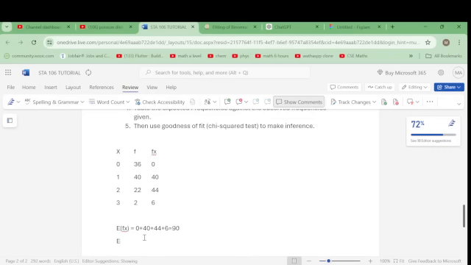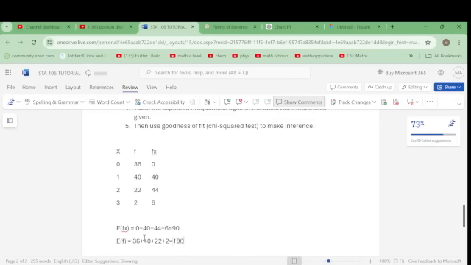Then the sum of all f equals what? 36 plus 40 plus 22 plus 2, which equals what? You can use your calculator. 36 plus 40 plus 22 plus 2, that's 100.